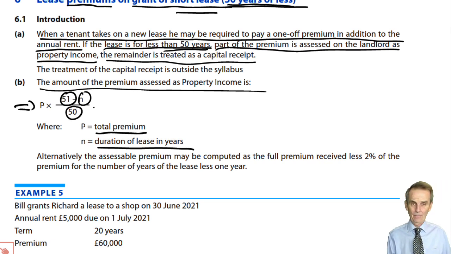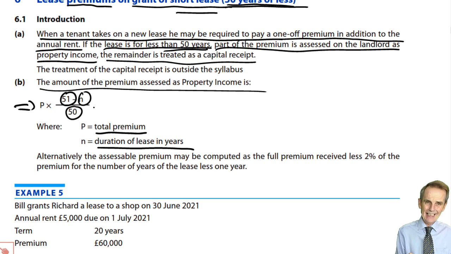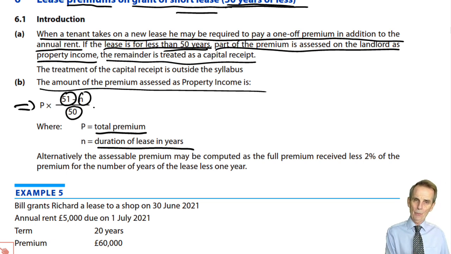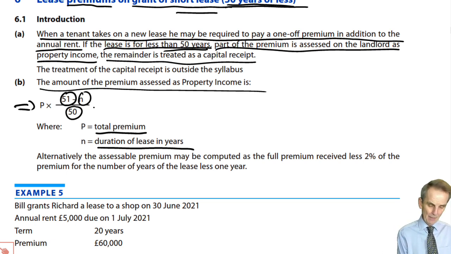So that is the income taxable part of the premium received: your premium multiplied by 51 minus the length of the lease, over 50. That goes straight to the assessable premium figure.